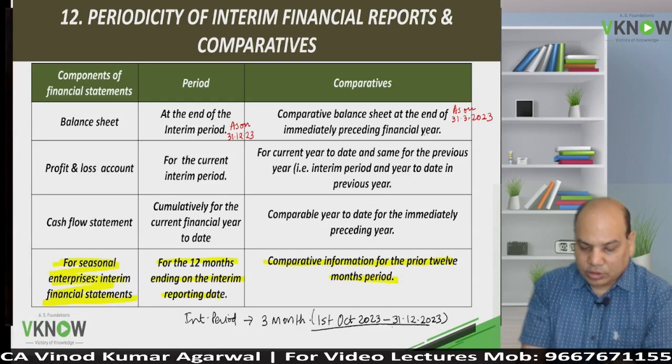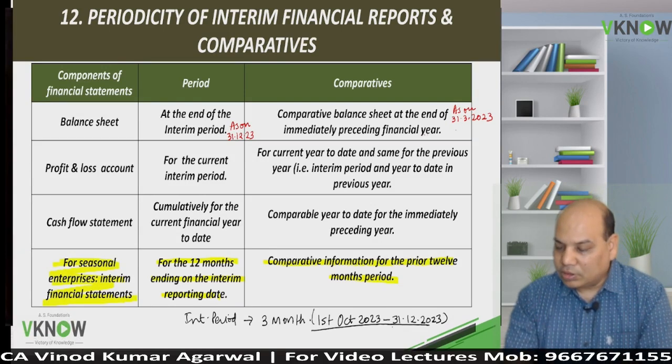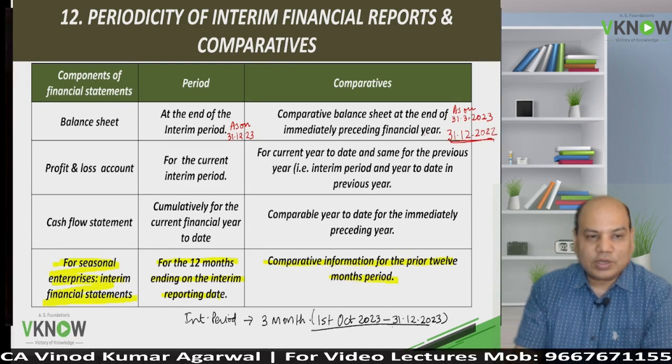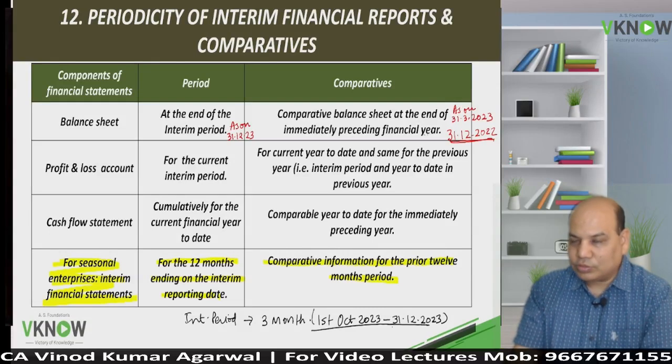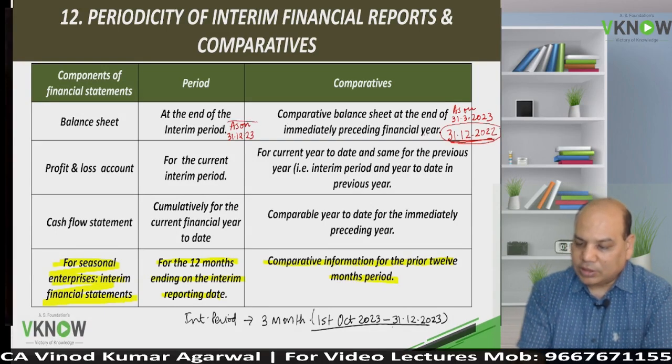So in that case, now you have to prepare one additional balance sheet. Additional balance sheet will be prepared as on 31/12/2022. 31/12/2022. In seasonal business, same date previous year will be taken. Easy to compare.